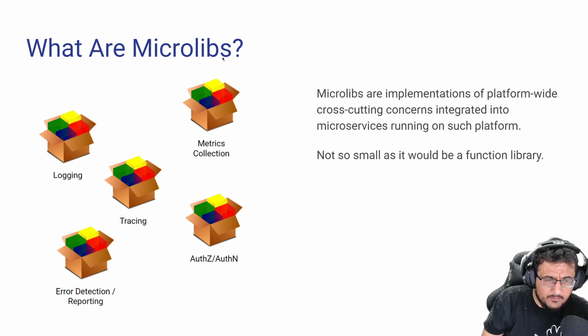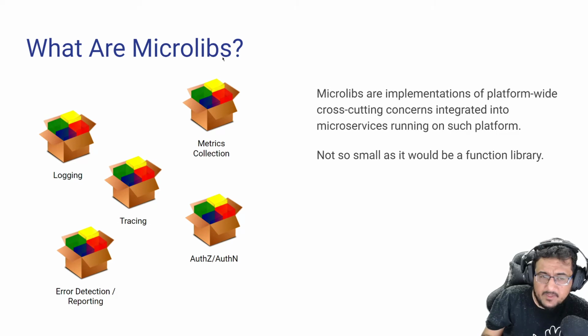The problem with that approach is basically that you will have cross-cutting concerns on your platform. As we broke the monolith into many microservices, you will have logging, tracing, metrics collection, and other technologies and cross-cutting concerns being implemented in different ways. I have seen that a lot in microservices projects, because people tend to reinvent the wheel many times.